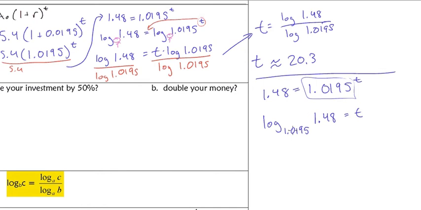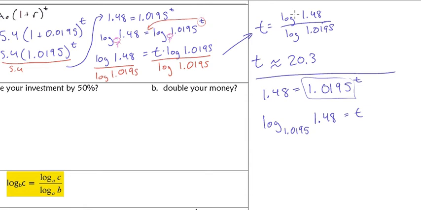Now, we've got all this ugly stuff here, and actually some of your calculators nowadays do have what's called the change of base, where you can put in the base you want and the result you want, and it will tell you what that exponent would have to be. But there's this thing called the change of base formula that we kind of just showed in the previous video.